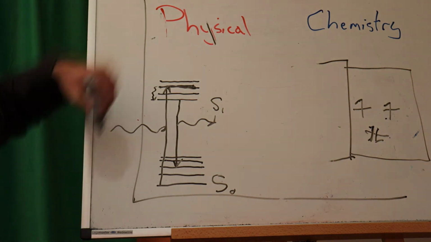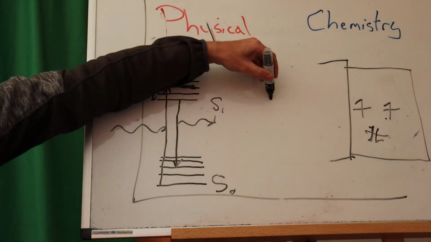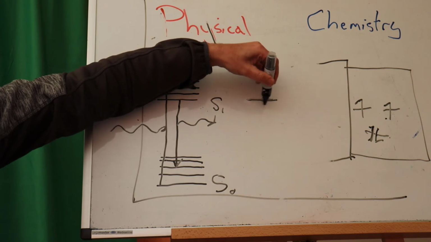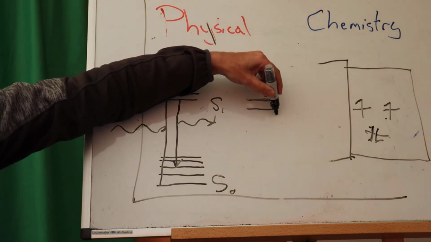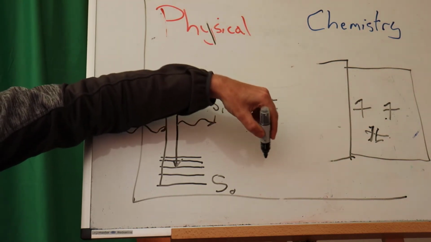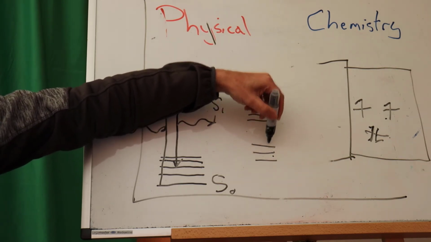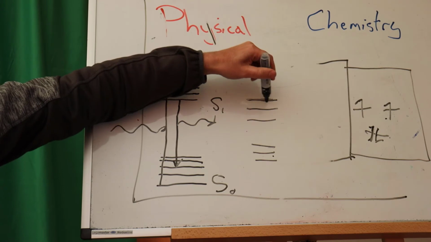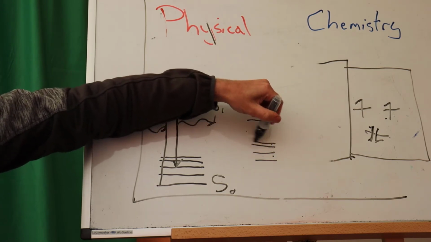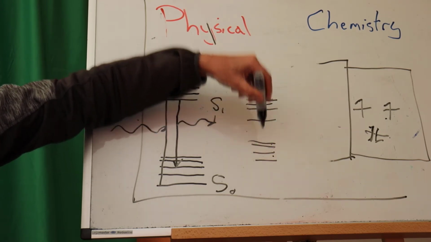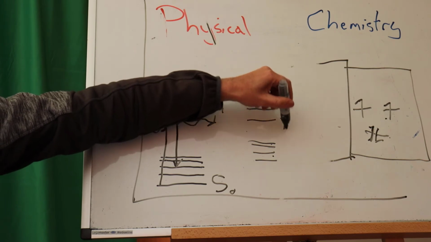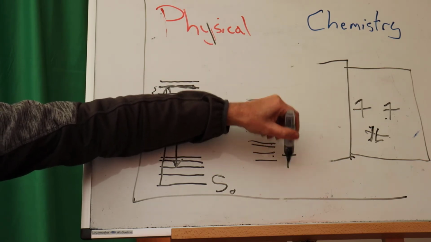This would typically be drawn over here, and that also has vibrational energy states. So let's have two of them. Whoops, these are getting closer together, so that's bad. They should get closer together towards the top. So this is T1 and this is T0.